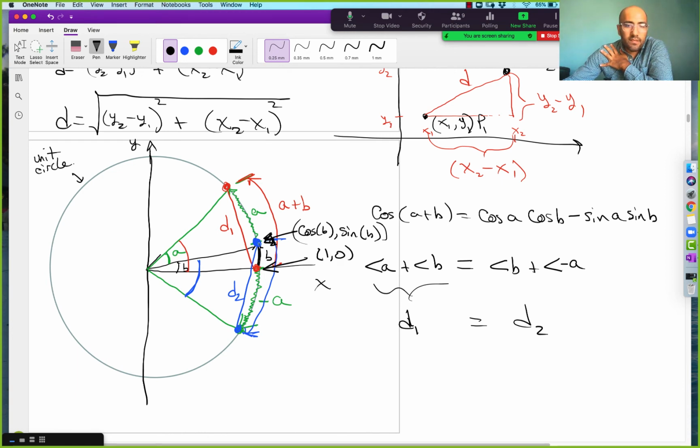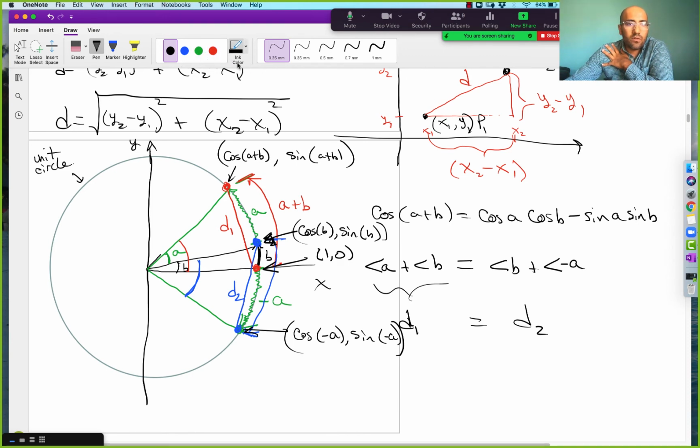This point right there. Now this one way over here is going to be cosine of a plus b, comma, sine of a plus b. And this one is going to be cosine of negative a, comma, sine of negative a. Everyone with me?